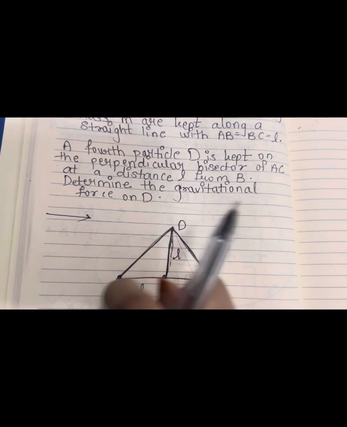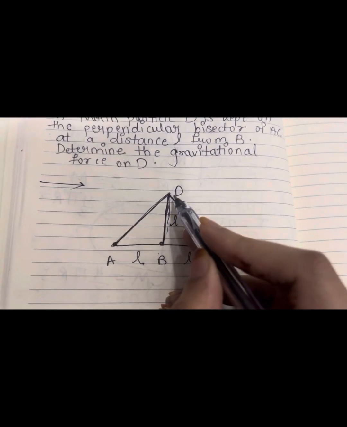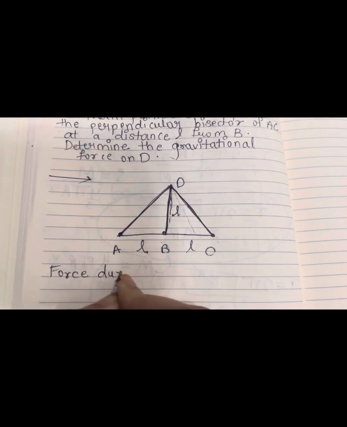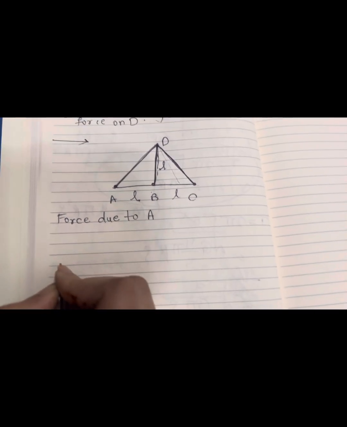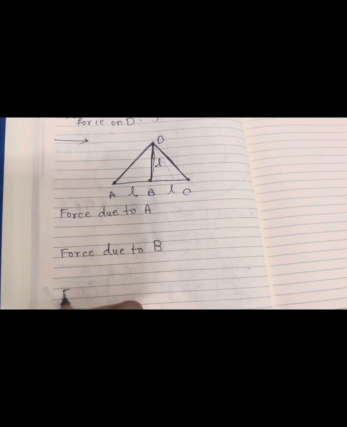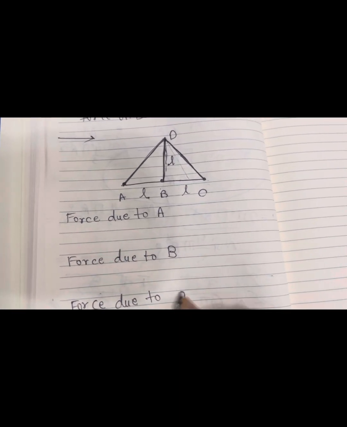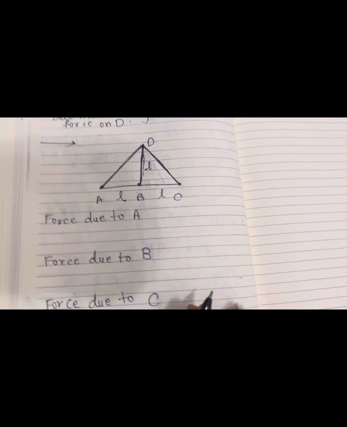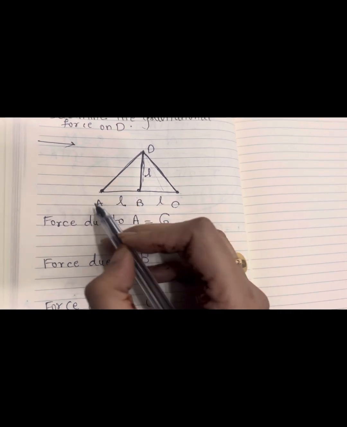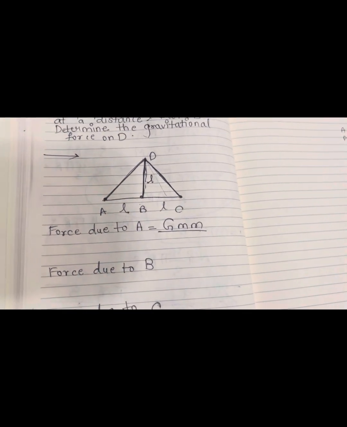Determine the gravitational force on D. The gravitational force is acting on point D due to A. So first I'll find the force due to A, then the force due to mass B, then the force due to particle C. What is the formula? G, masses of both the particles, mass of A and mass of D are the same, upon the square of the distance.